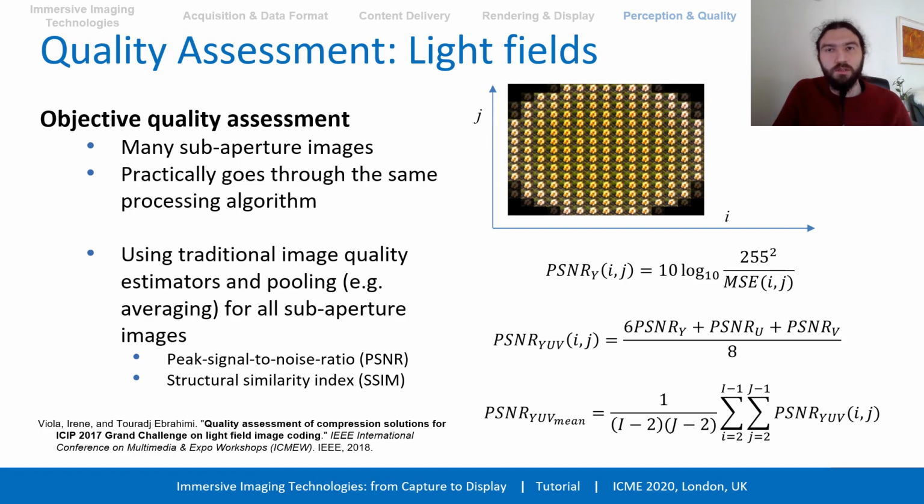So in the literature, the quality of a light field is computed using traditional image quality estimators such as peak signal to noise ratio, PSNR, or structural similarity index, SSIM.